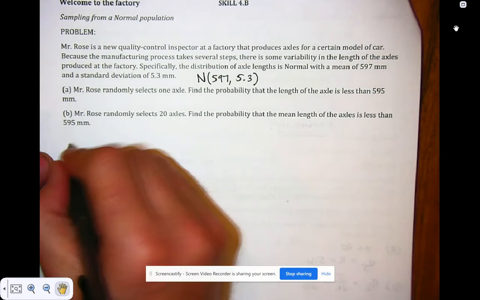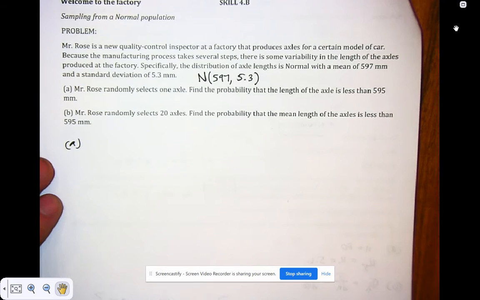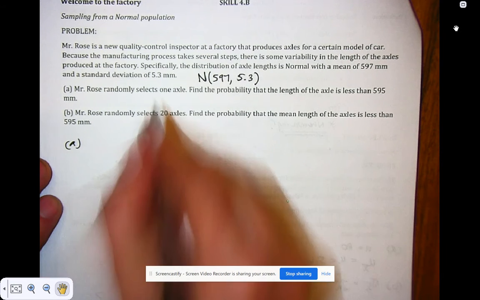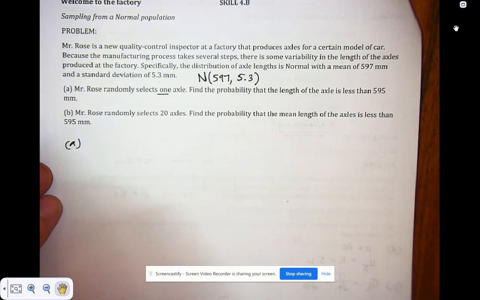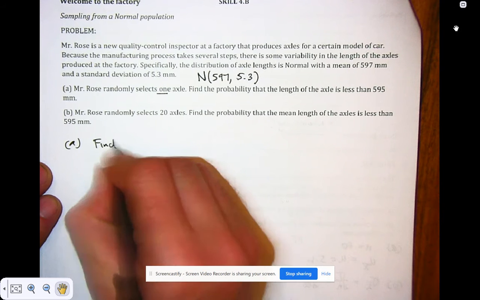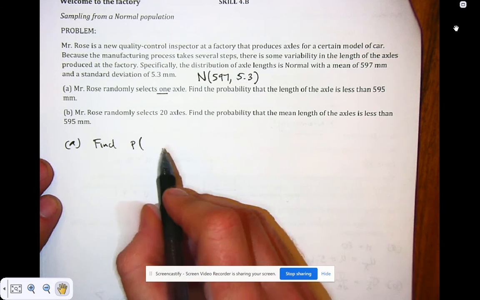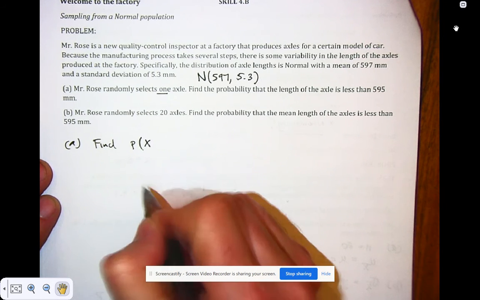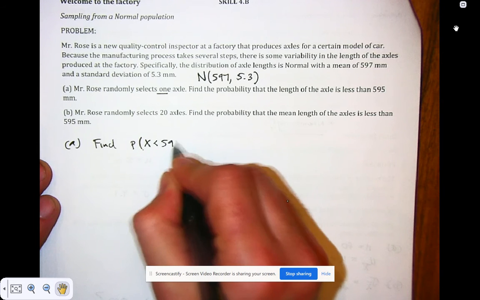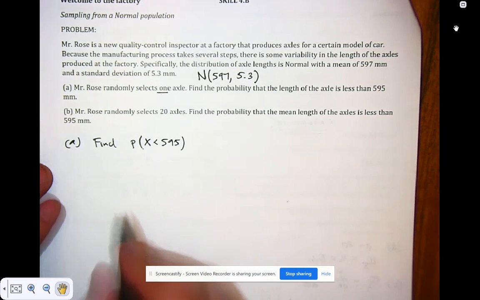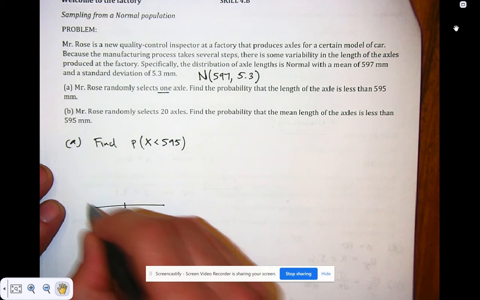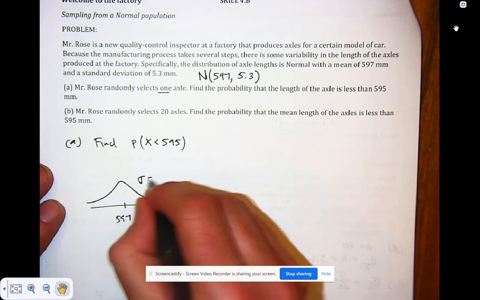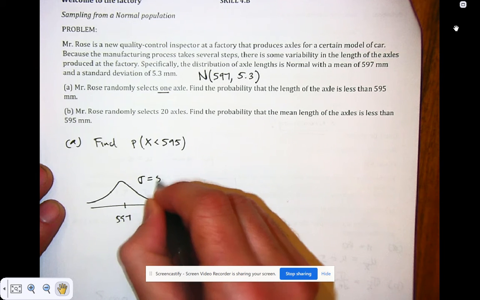Okay, so let's do A. A has nothing to do with anything we've learned because we're going to select a sample size of 1. Okay, find the probability that the length of the axle is less than 595. You guys were super good at this. You had a normal distribution, mean of 597, standard deviation of 5.3.